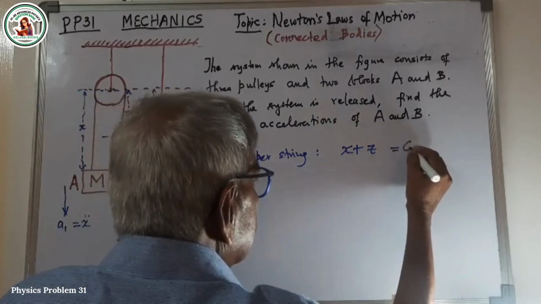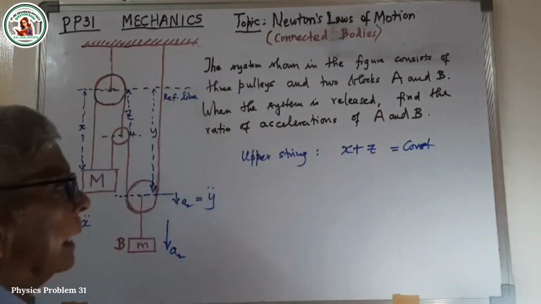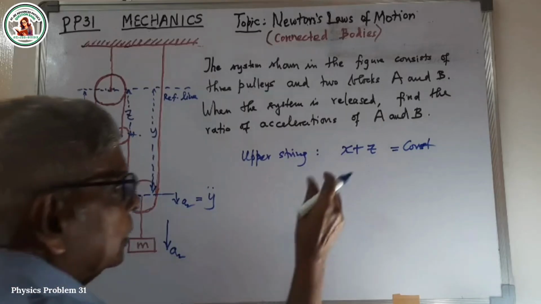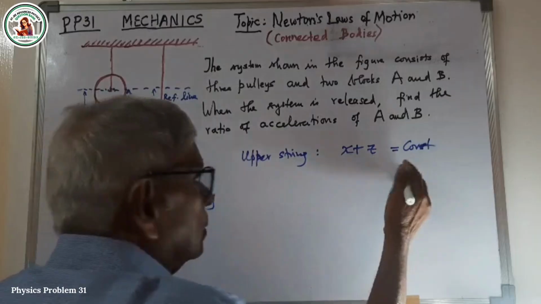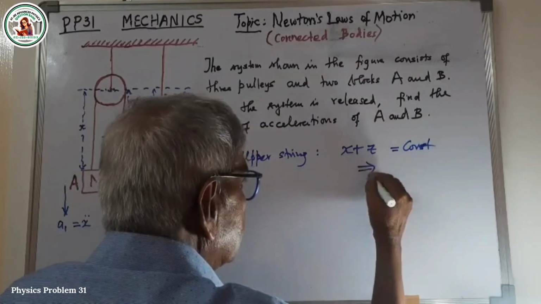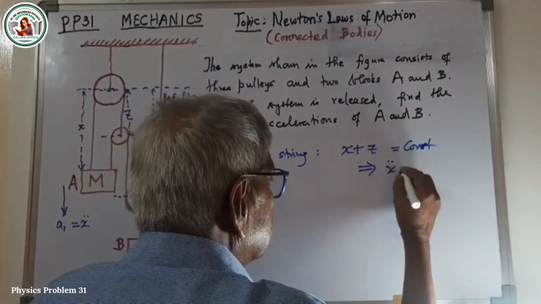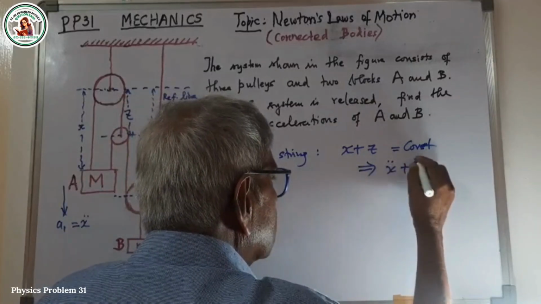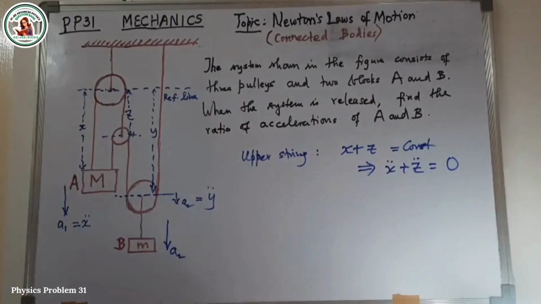So x plus z is constant. You differentiate once: x dot plus z dot, and the derivative of a constant is 0. Differentiating again, x double dot plus z double dot is 0, since the differential coefficient is 0 for constants.